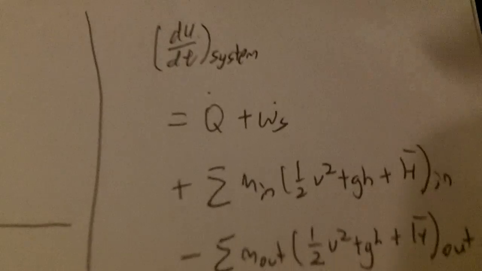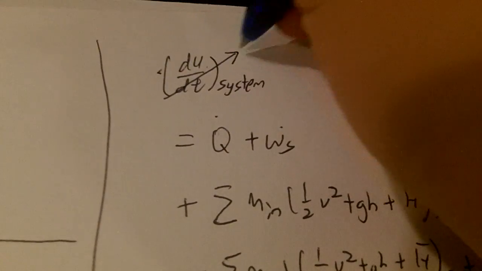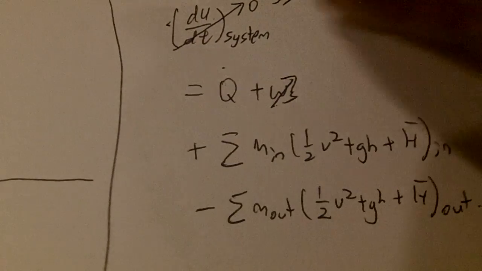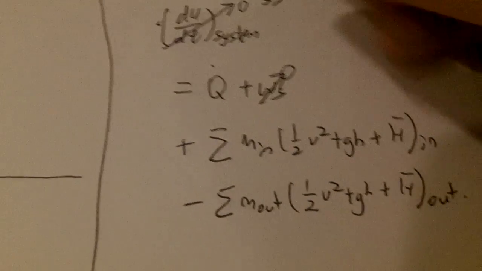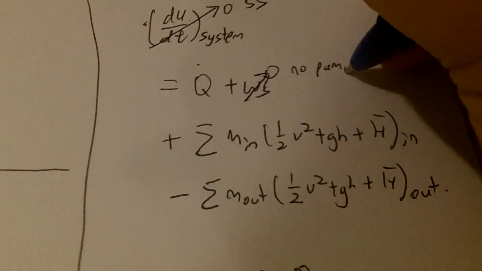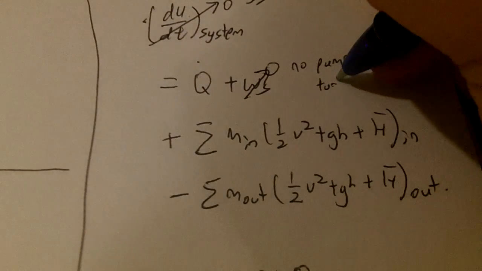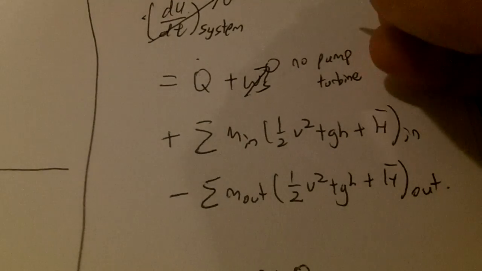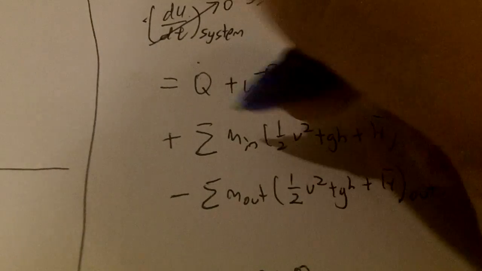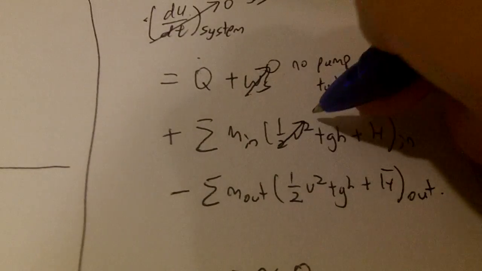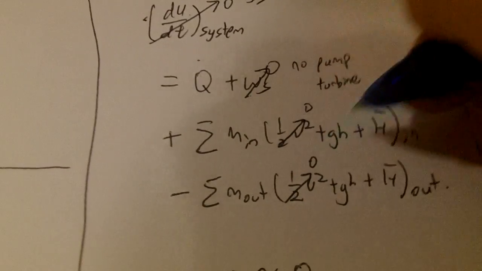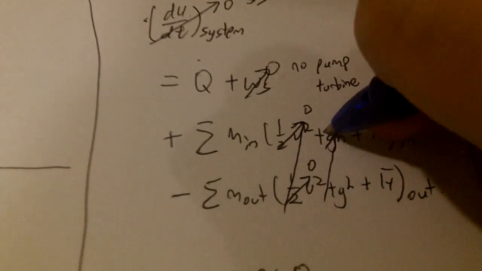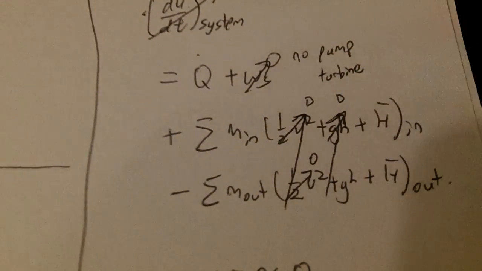Alright, now we can say this is 0 because of the steady state assumption. This is 0 because we assume, let's say, we have no pumps or turbines or any kind of system that would add or take out shaft work. No compressors, nothing of that sort. We say the kinetic energy of the system hardly changes, or rather, I just strike this off as 0. The potential energy changes are neglected.